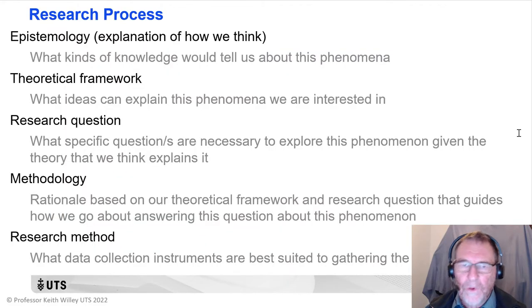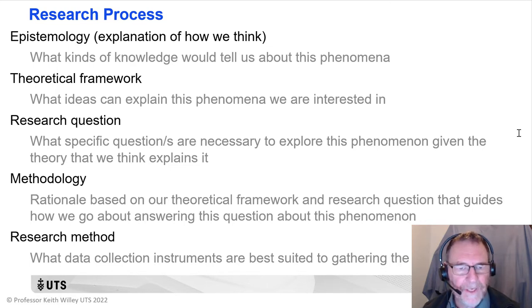So the award looks for this well-planned and well-designed research process. So we think about the epistemology: what kinds of knowledge would tell us about this phenomenon? Our framework: what ideas can explain this phenomenon that we're interested in? Our research question: what specific questions are necessary to explore this phenomenon, given the theory that we think might explain it?